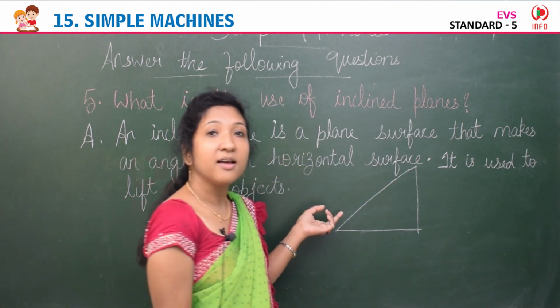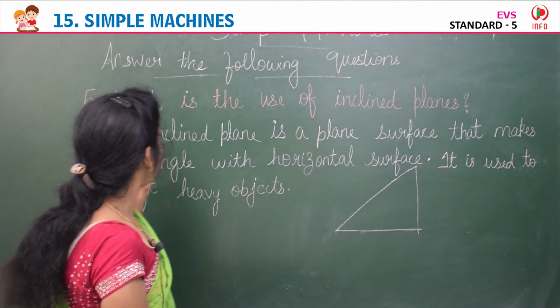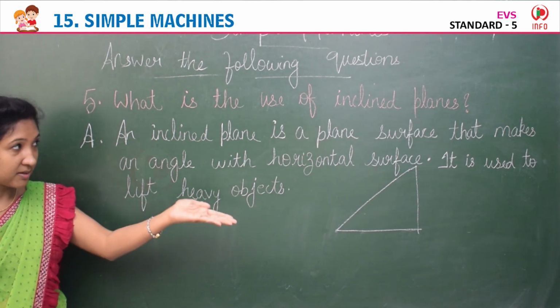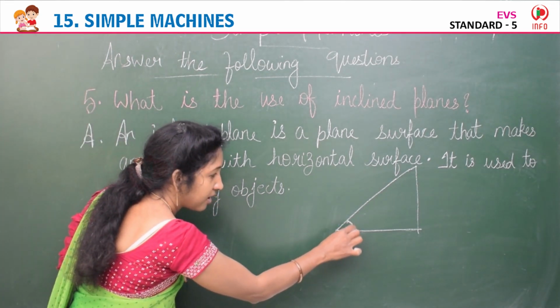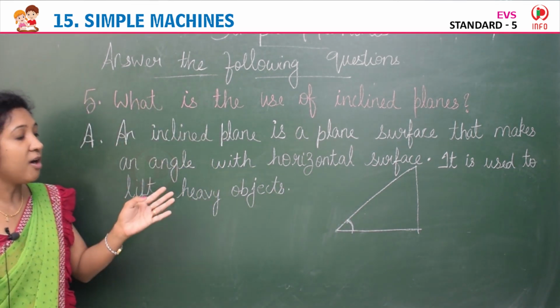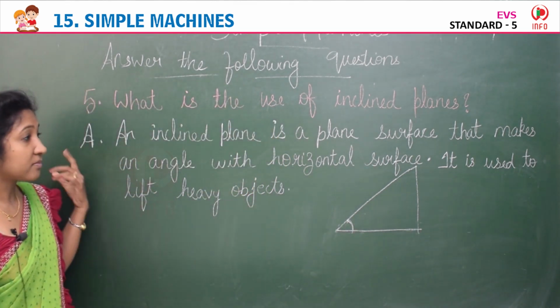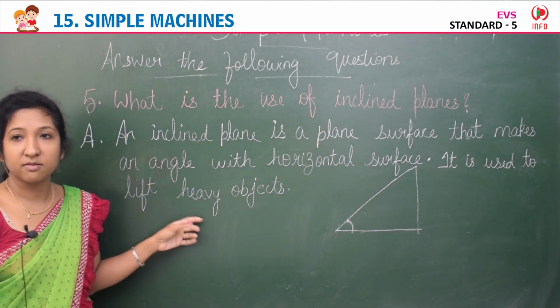That is called an inclined plane. An inclined plane is a plane surface that makes an angle with the horizontal surface. This is the angle formed. It is used to lift heavy objects.